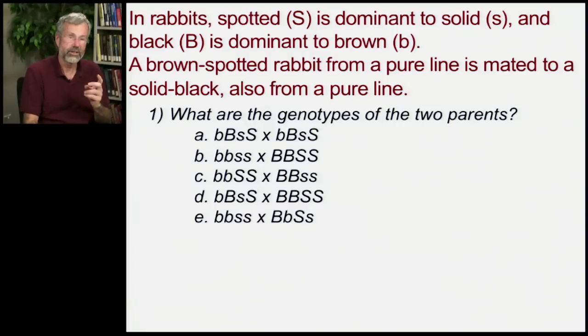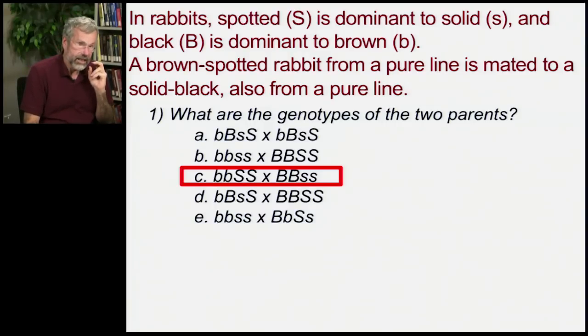Okay, what did you think? To be a brown spotted rabbit, you have to have 2 copies of the brown, the little b allele, and spotted is capital S, so that pure breeding line is little double b and capital S. And then we have a solid black, so black is capital B here, and little s is solid.